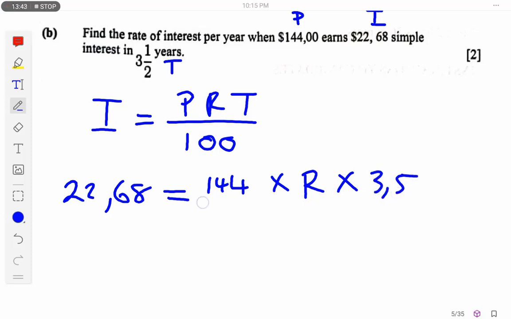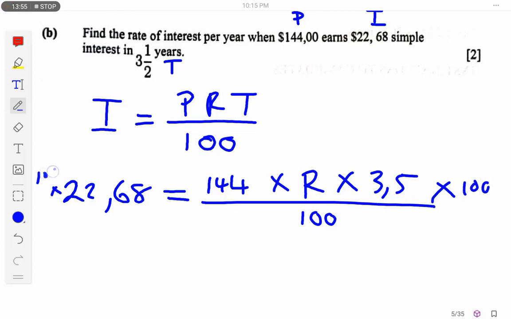So what I can do easily, I can multiply everything by 100 here, and also here by 100, such that this side they cancel off each other, and this side I'll have 2268 is going to be equal to 144 times 3.5. I think we get 504 R like that.